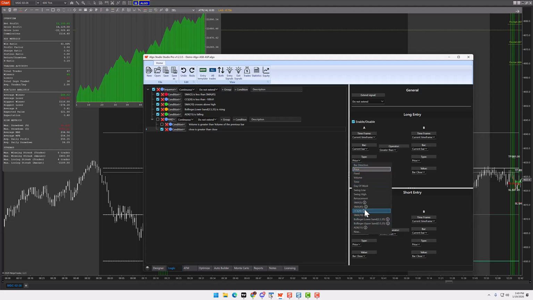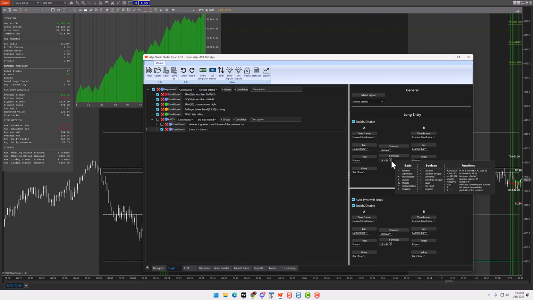I've got everything from different formulas to retracement levels to any indicator. I've got formulas I can work with if I want to create some sort of Boolean logic. All of that's available to us, and that's always been part of ASP. But I'm just demonstrating to you that ABS is a great place to get you started, but ASP is where you really refine it and can be very specific about what you're doing.